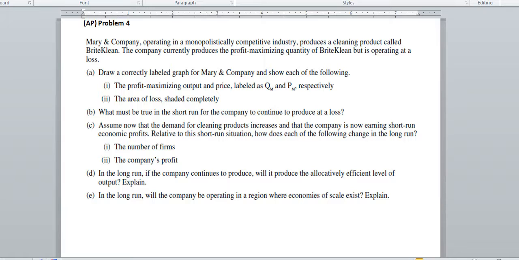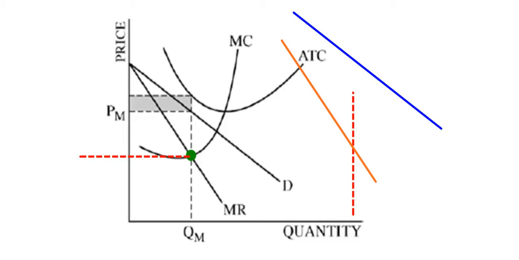Okay. So lastly, in the long run, will the company be operating in a region where economies of scale exist? And this is the exact same question we answered before. And the answer, of course, is yes. One of the things that defines a monopolistically competitive market is that firms operate in the downward sloping portion of the average total cost curve.